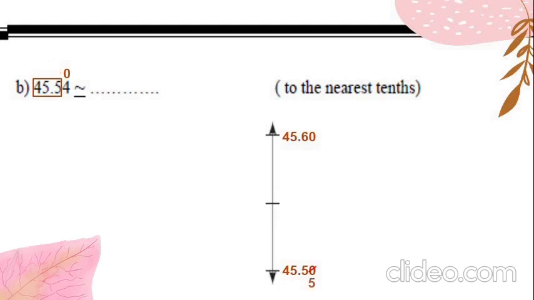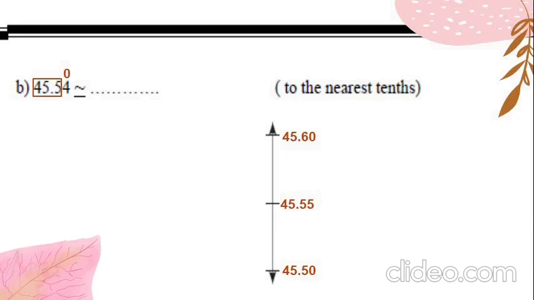So the midpoint number is 45.55. So now I have the three numbers: the smaller number, which is 45.50, the bigger number, which is 45.60, and the midpoint number, which is 45.55.